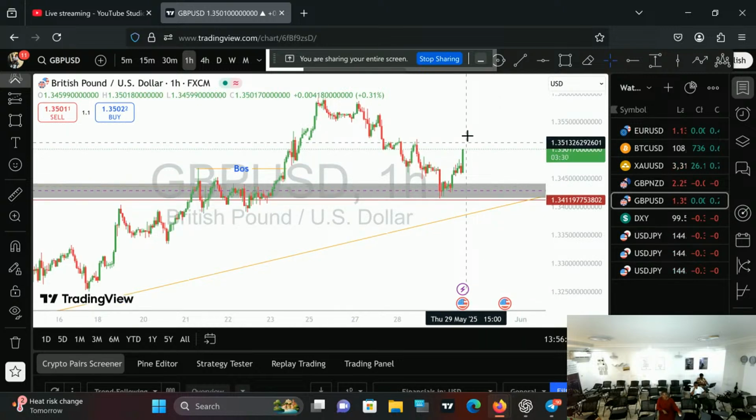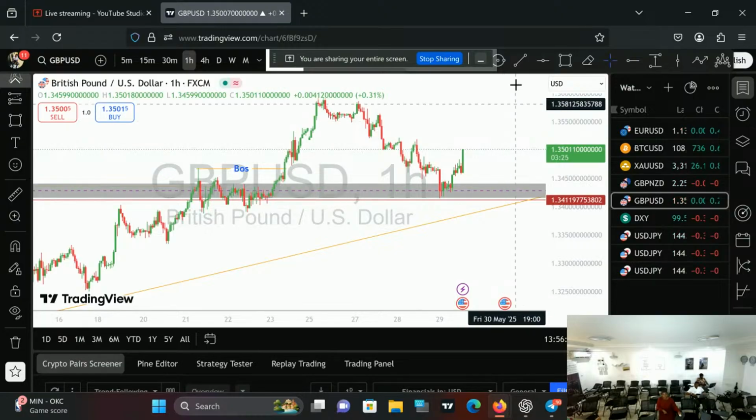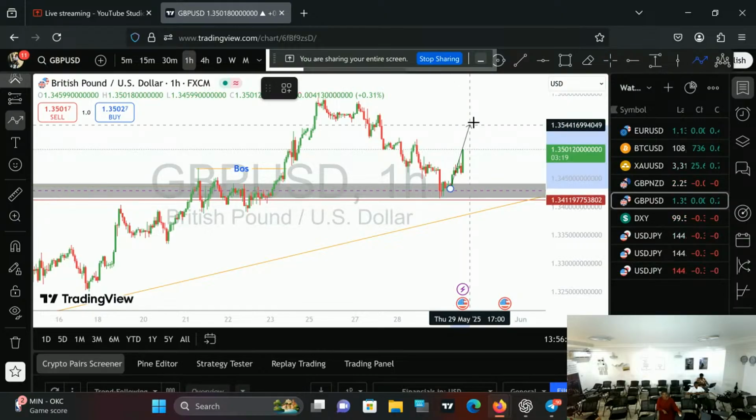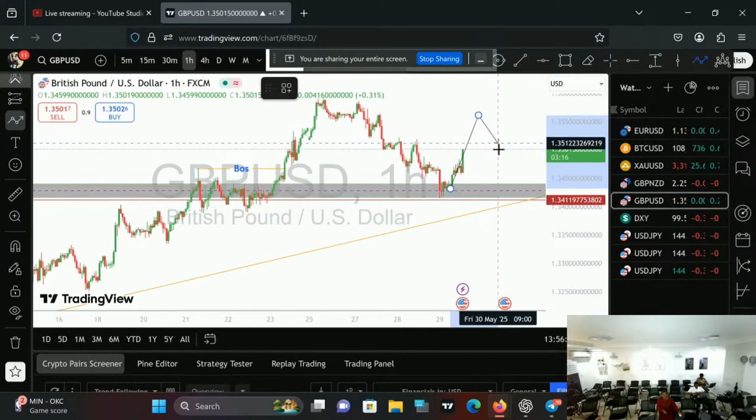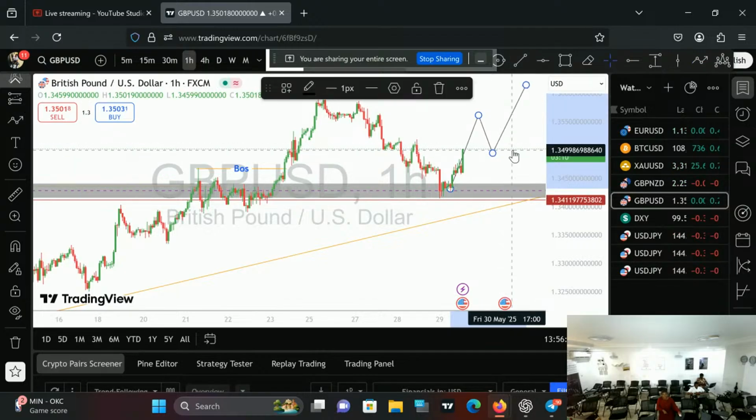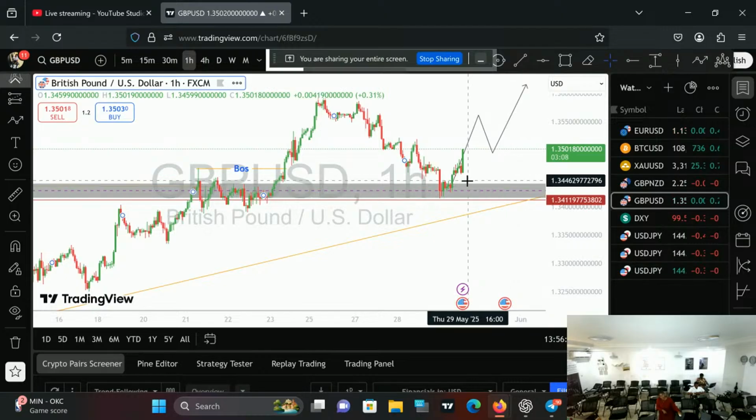So this market might come up to this point and maybe react here, drop a bit, and maybe continue going up. What I'm saying is this market might come and react at this level, come down, and maybe continue going up. So this is what this market might do.